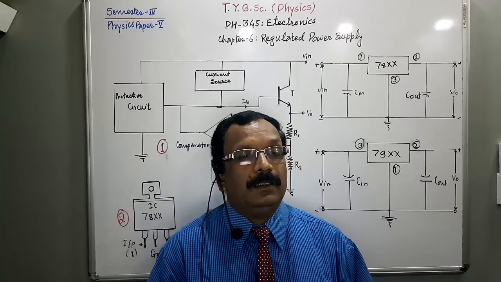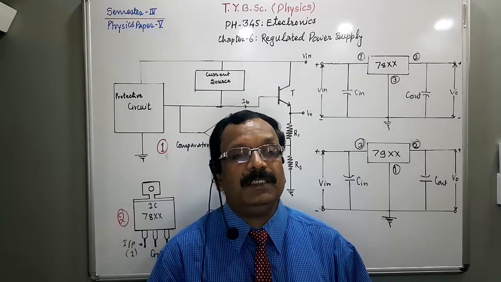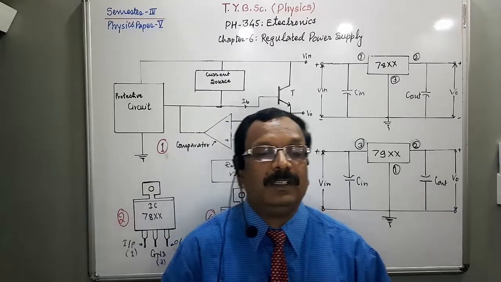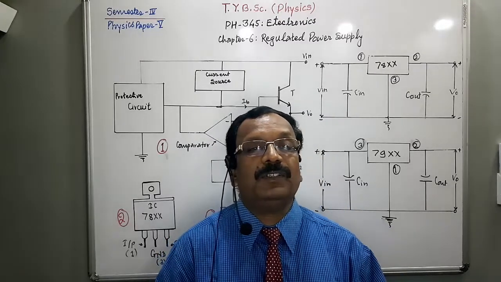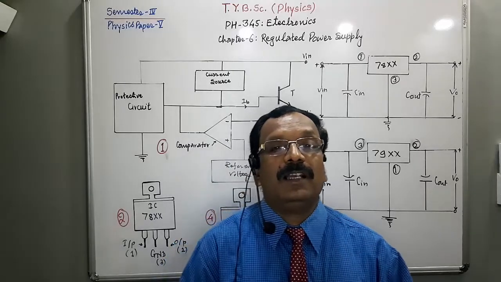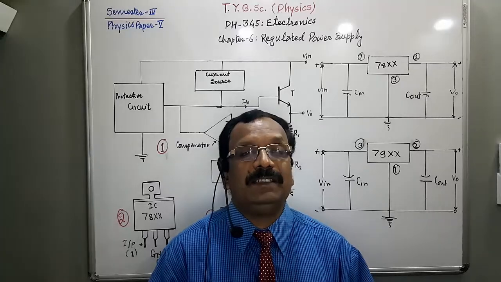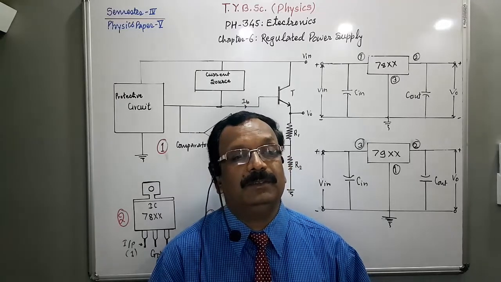This DC voltage, which is the output of the diode, contains ripple. What is ripple? The unwanted part of AC voltage present in the desired DC voltage is called ripple.